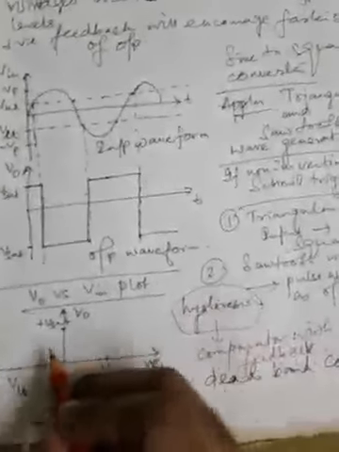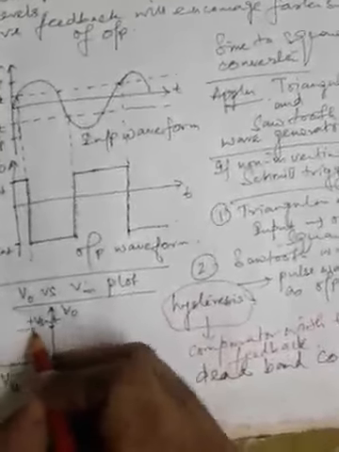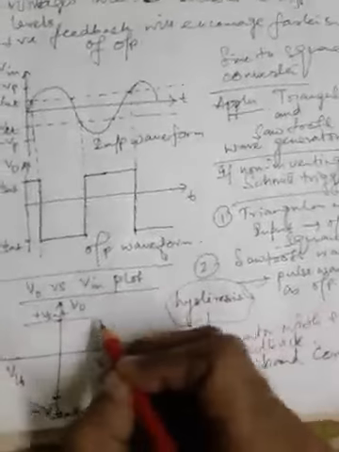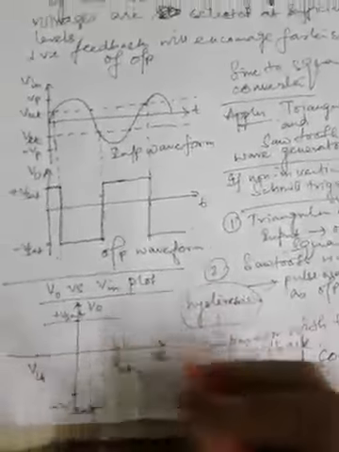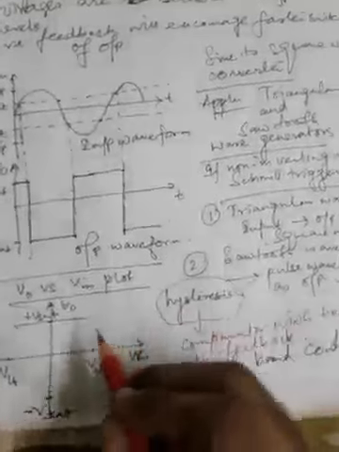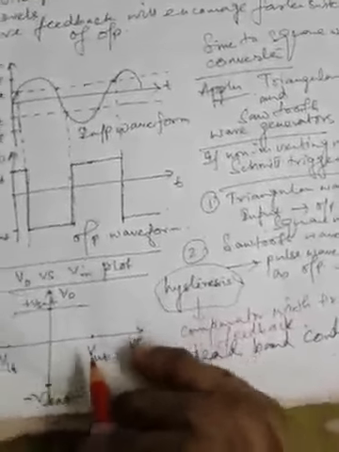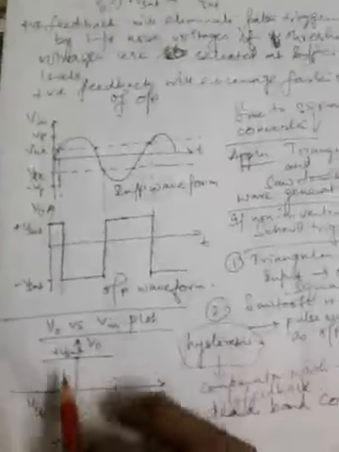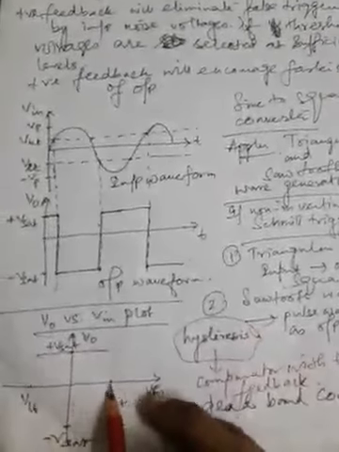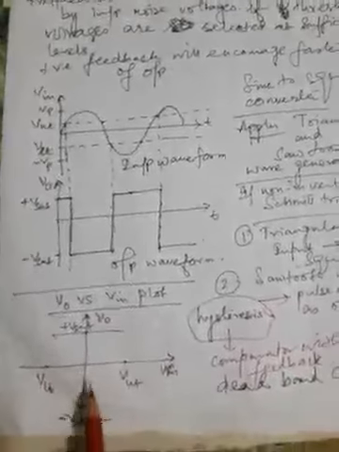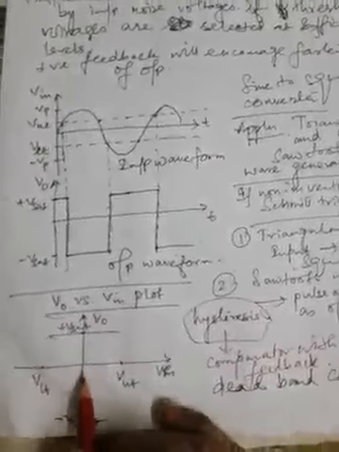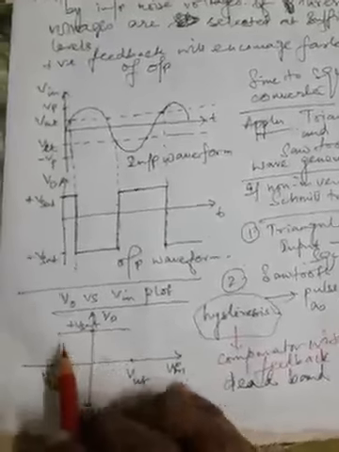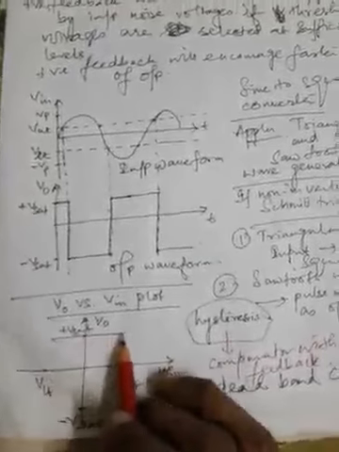So therefore we can say, suppose this is the positive saturation curve parallel to the positive saturation, till the time that Vin is less than VUT. That means Vin is something between the zero origin and VUT, it is maintained at positive saturation.